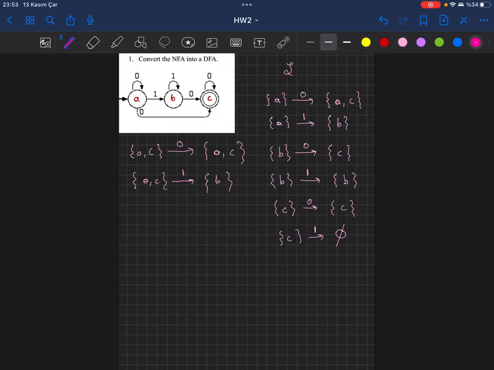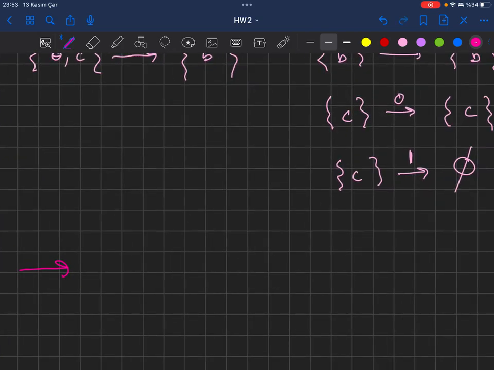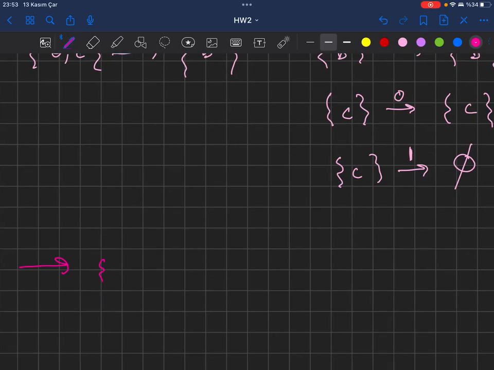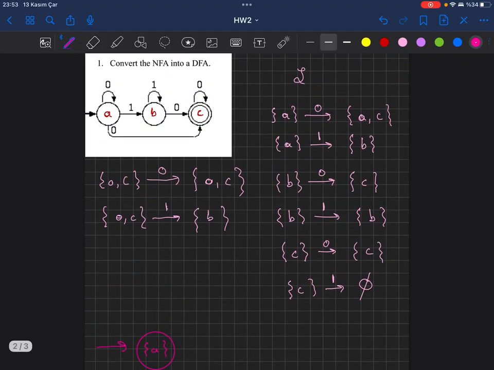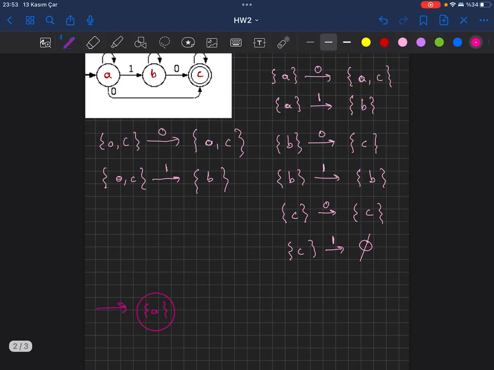I will go with the pink, okay. What was the initial state? It was A, right? So I will write A state. With 0, going to AC.